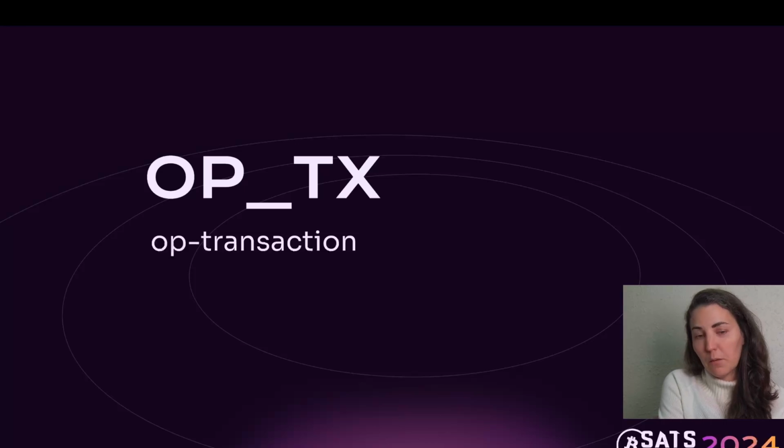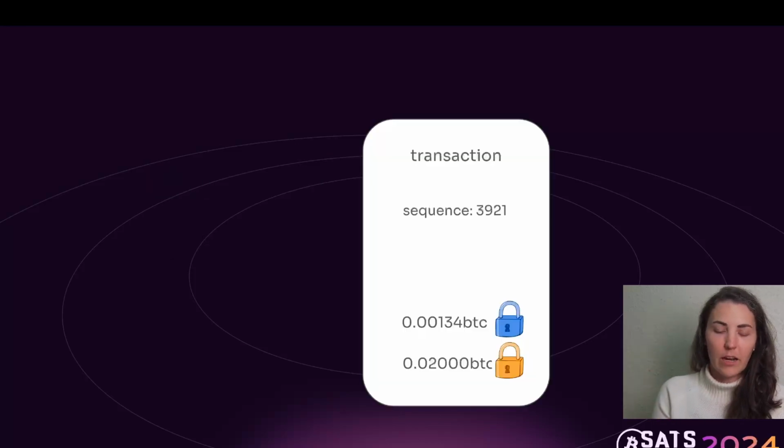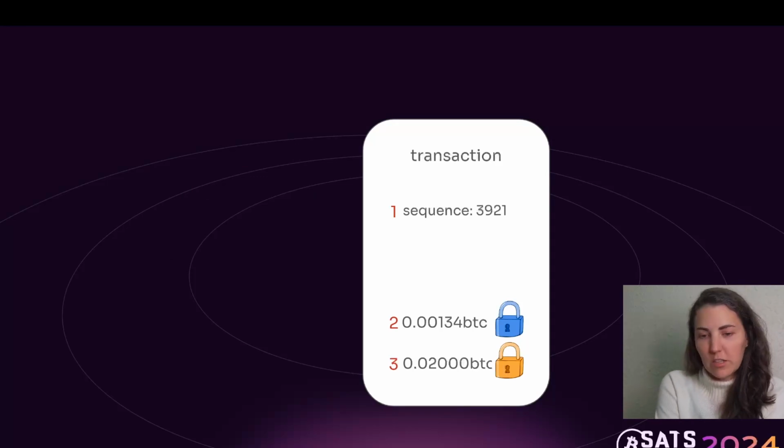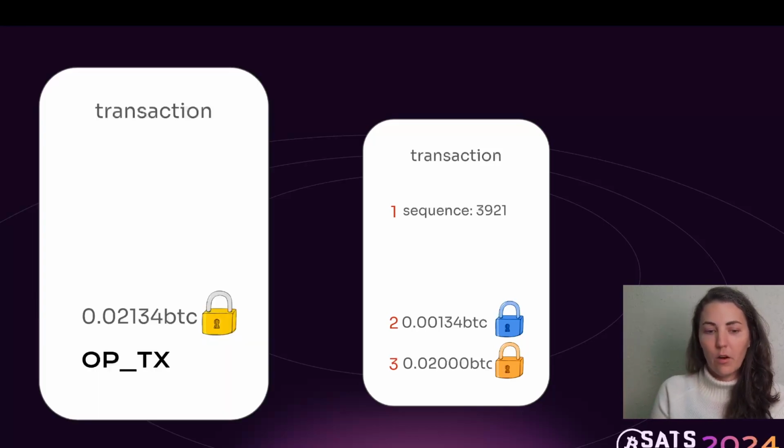For example, let's start with optx. So maybe instead of doing a different opcode for every field that there is in a Bitcoin transaction, we could make one opcode called optx. And how this would work is you number the different fields in a transaction, or you give them a little flag. And then it's almost like a menu that you can dial numbers on.